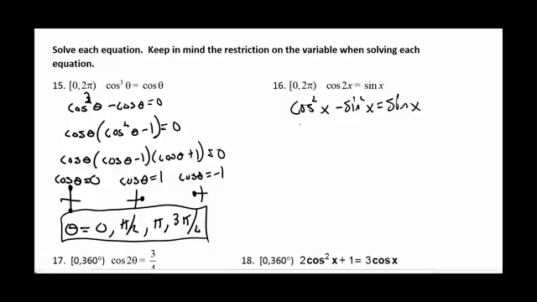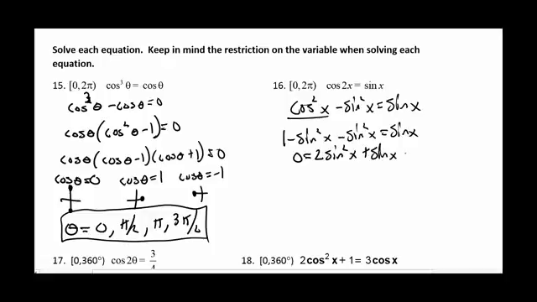Then let's rewrite the cosine squared as 1 minus sine squared, minus the sine squared, equals sine x. And then let's get all these together. So if I bring the sine squareds over and the 1 over, that's 0 equals 2 sine squared x plus sine x minus 1.